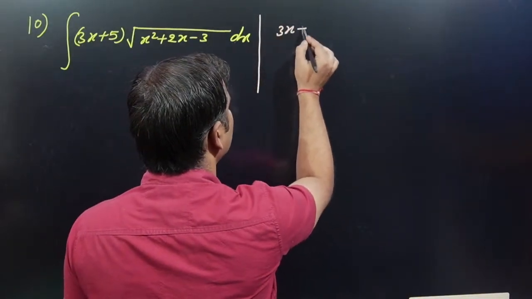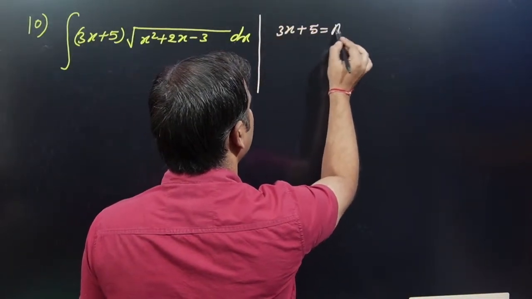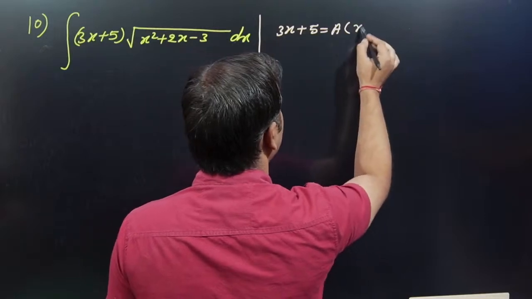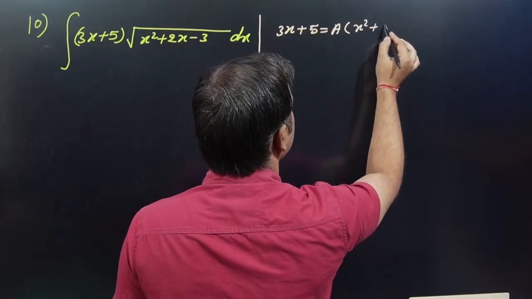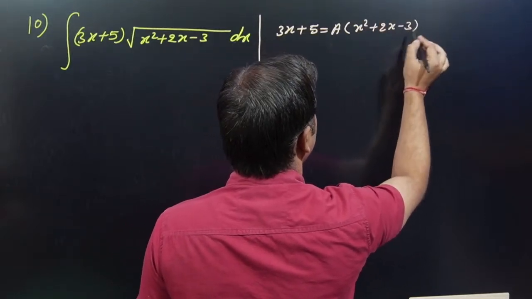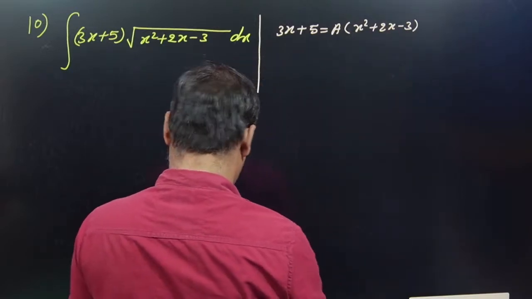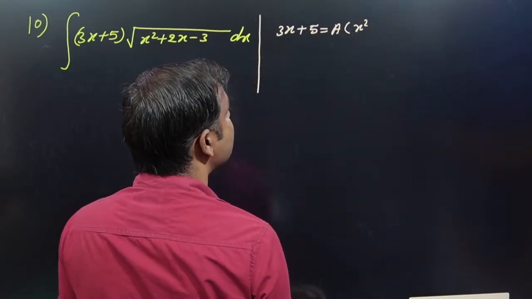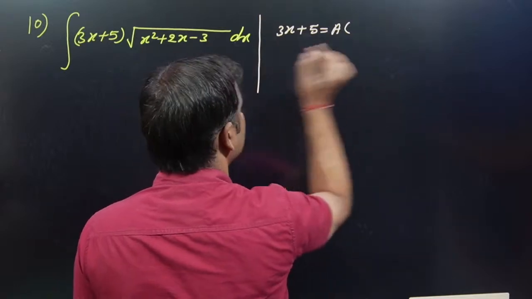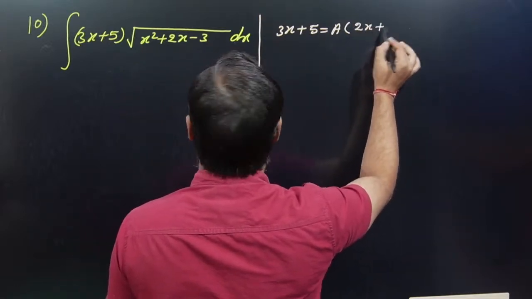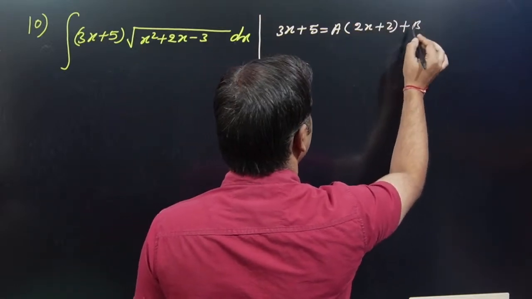3x plus 5 will be equal to a into the differentiation of x square plus 2x minus 3. In the differentiation of this one, 2x plus 2, and plus b.